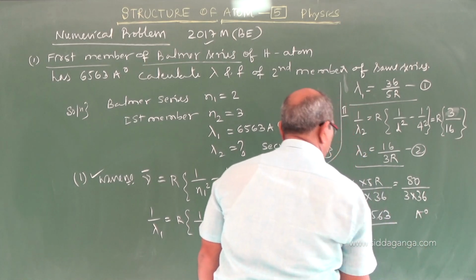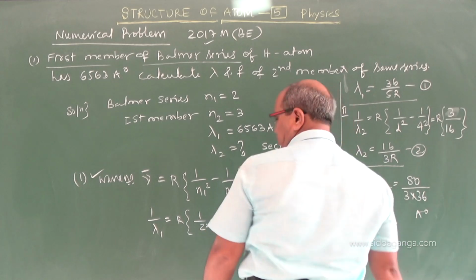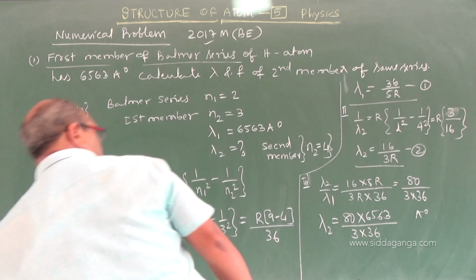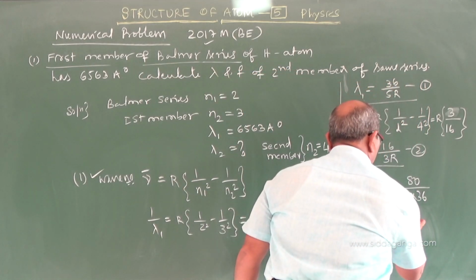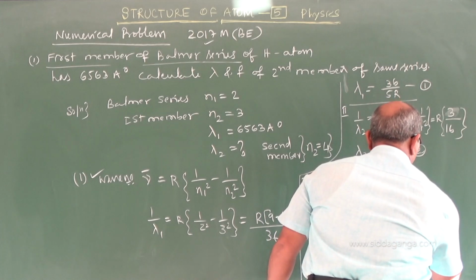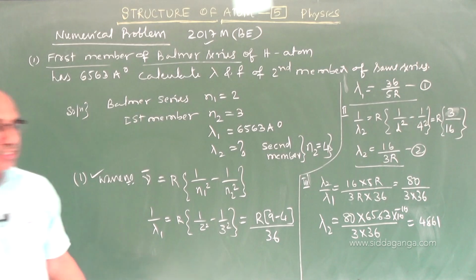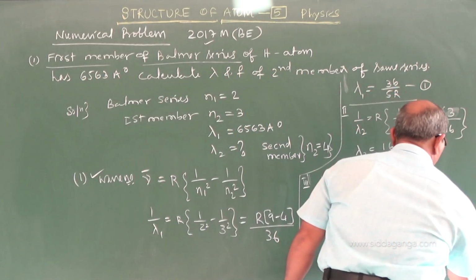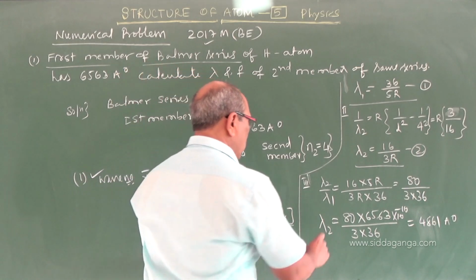I am not changing that. Divided by 3 into 36. So angstrom as it is. Otherwise, you can substitute as 10 power minus 10. Simplifying that, you will get 4861 angstrom. Lambda 2 you got correctly.